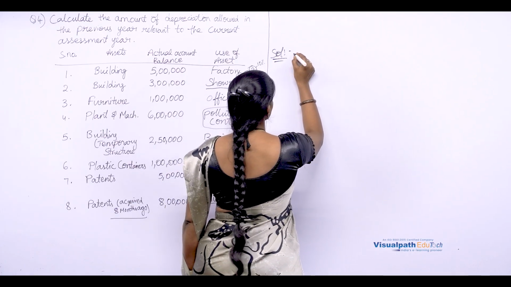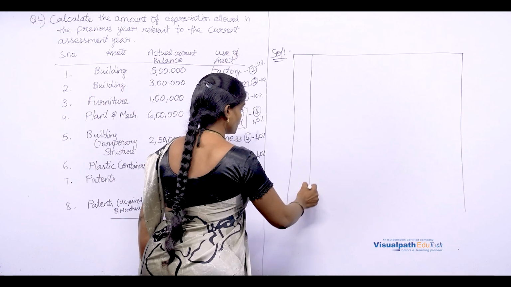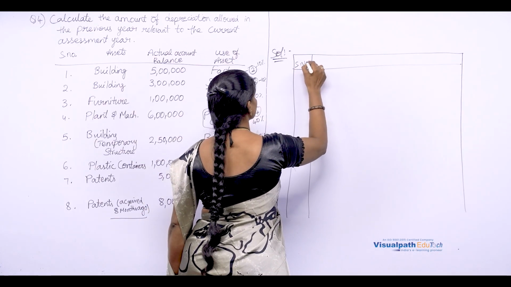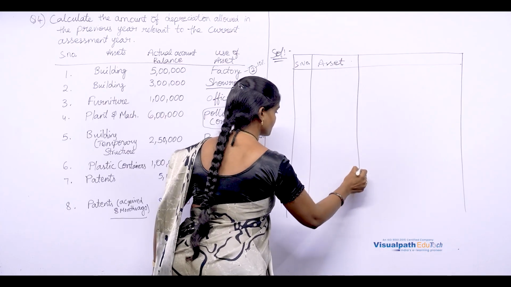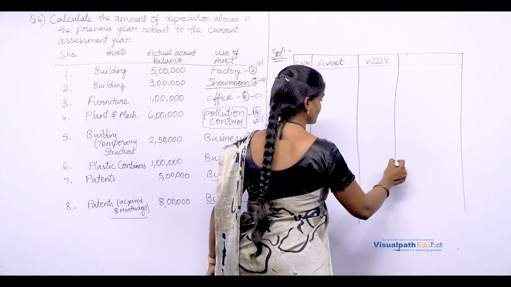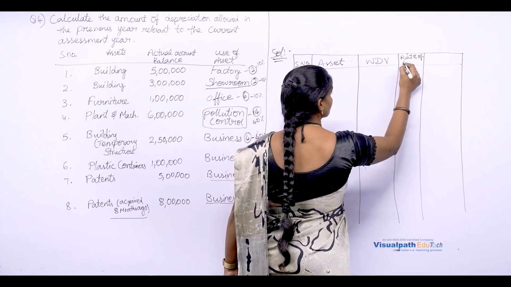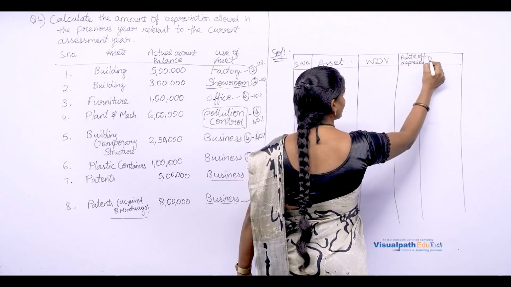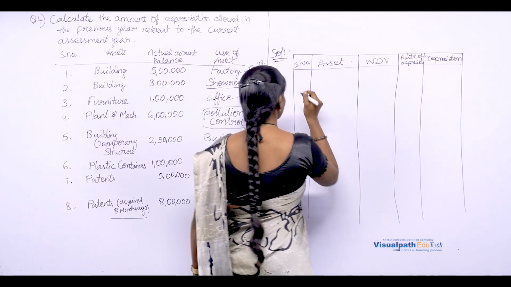Clear? So now, serial number 1, asset, then written down value, rate of depreciation, and finally depreciation. Okay.